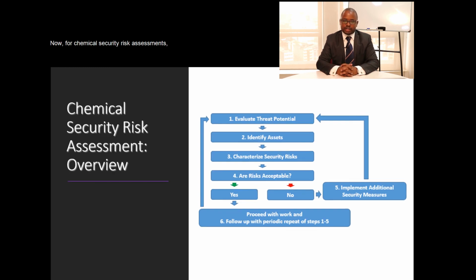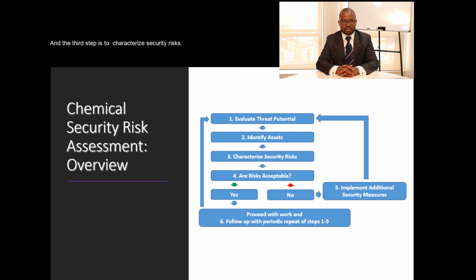Now, chemical security risk assessment also involves steps, but in this case we are not looking at hazards but at threats. Therefore, the first step is to evaluate the threats, or the people who might want to take or steal or acquire the chemicals in an illegal way. After identifying the people, we need to identify the assets that are likely to be targeted by the threats.